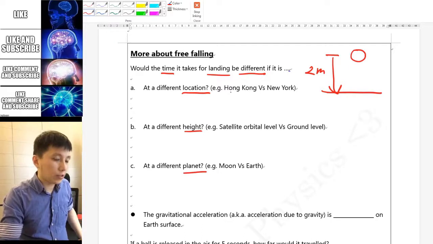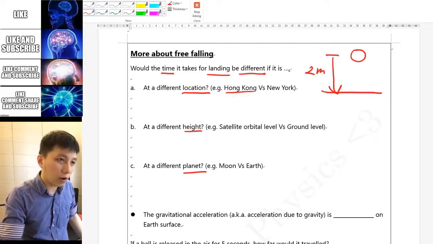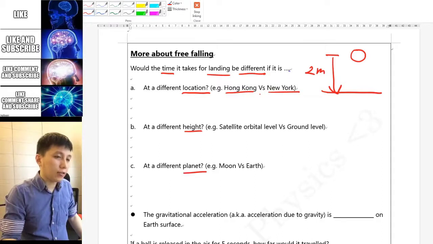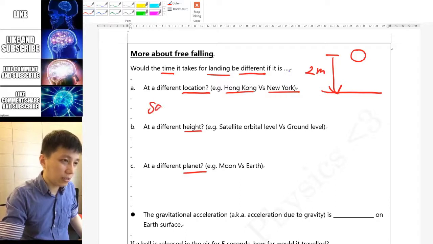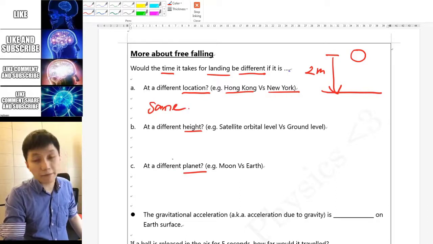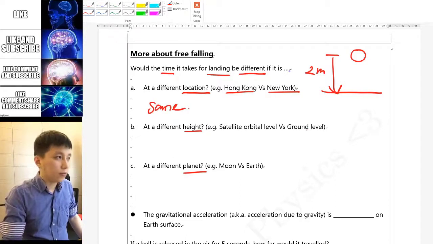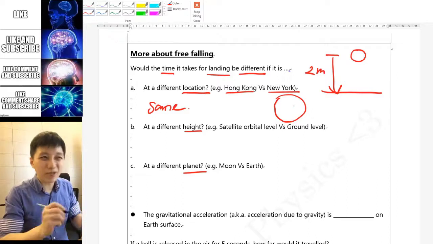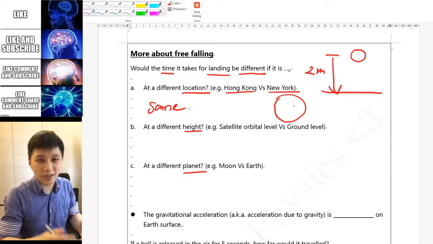For the first question, it's asking you about location. So for example, Hong Kong and New York, or you can name any other cities that you like. And the answer should actually be the same time for free falling. We are assuming that the Earth is a sphere, and so it doesn't really matter which city it is.